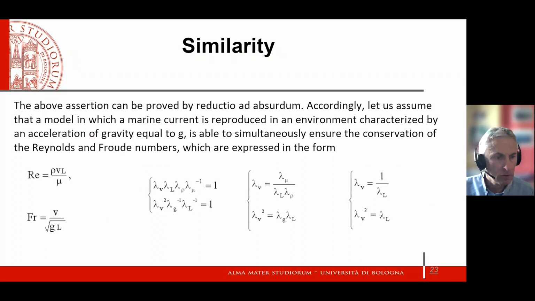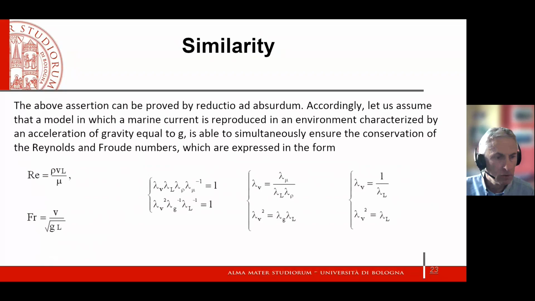So if lambda Reynolds is equal to 1, and the same for lambda Froude is equal to 1, these multipliers can be expressed, look at the definition of the Reynolds number, as the multiplier for velocity to the exponent 1, times the multiplier of length, exponent 1, times the multiplier of rho, exponent 1, times the multiplier of mu, exponent -1.